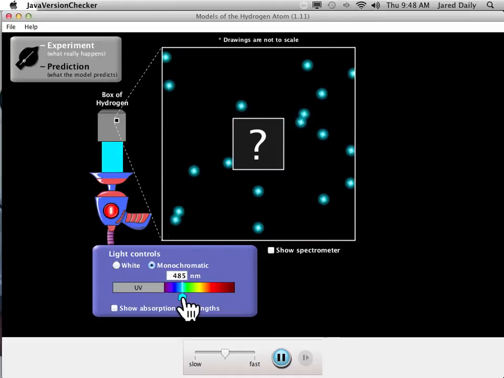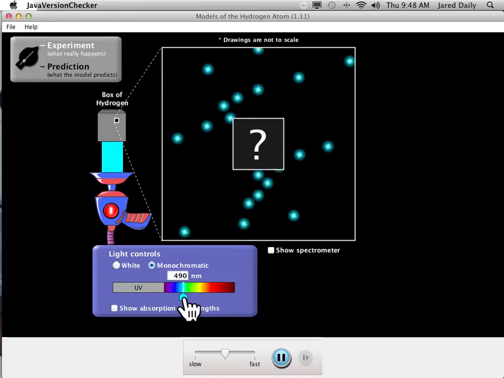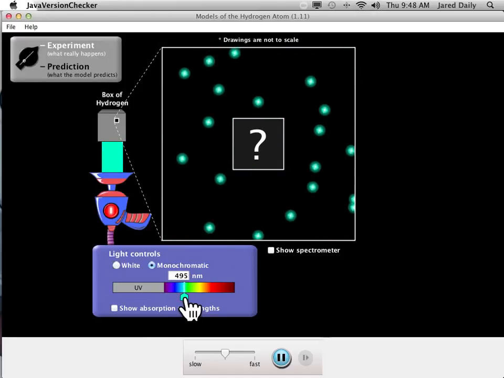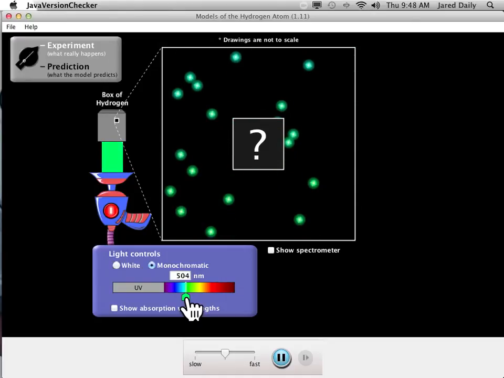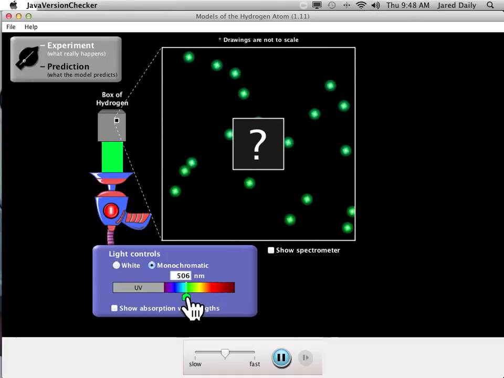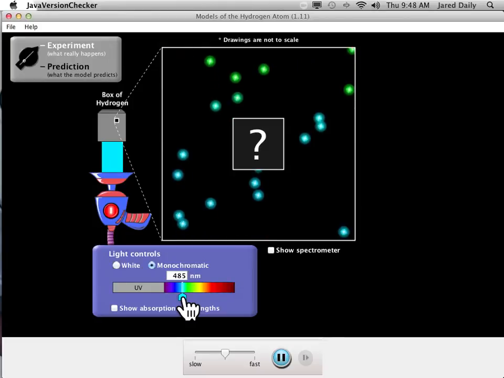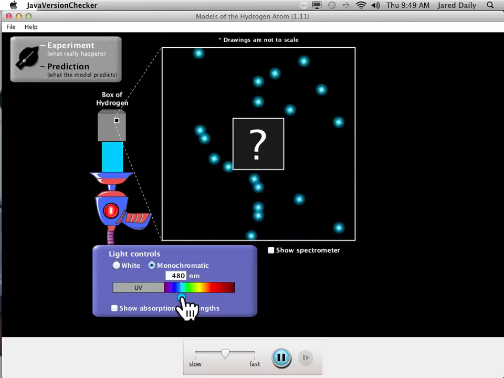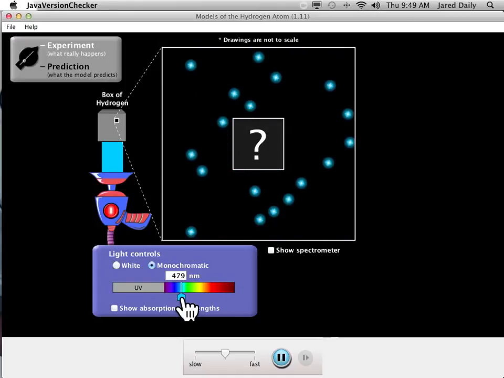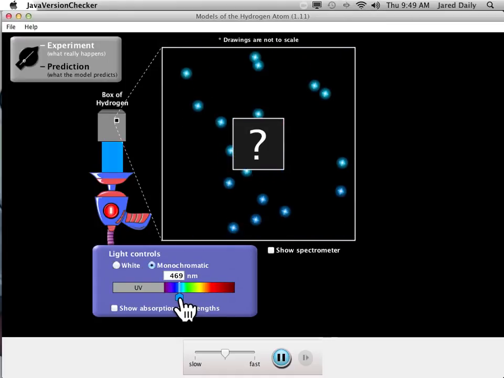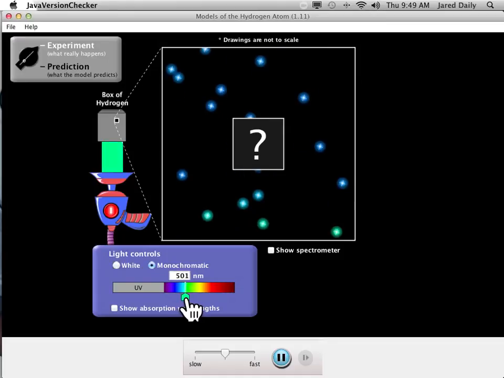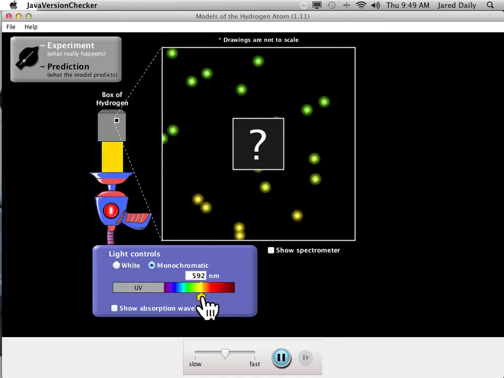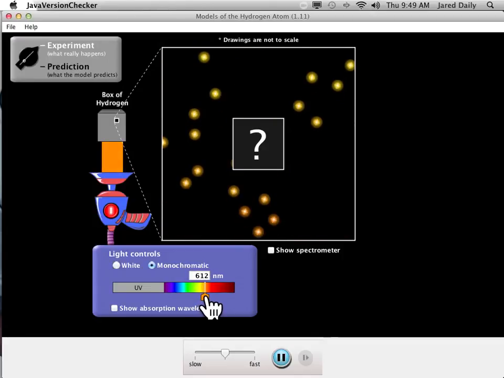Trying to find it. Can't find it. If we had more time to mess with this, though, we would find that there were certain colors that we'd see popping out every once in a while. I think there's one in the red.